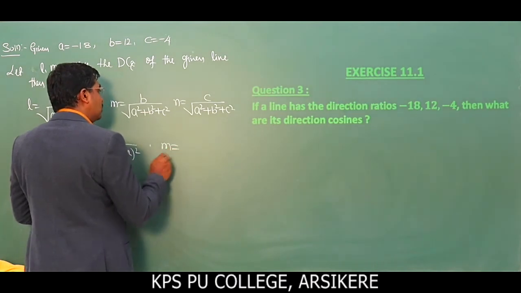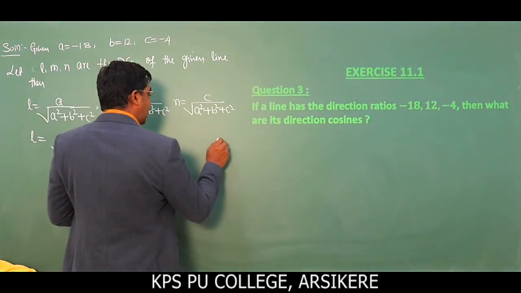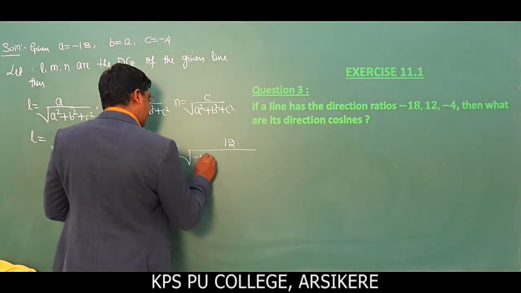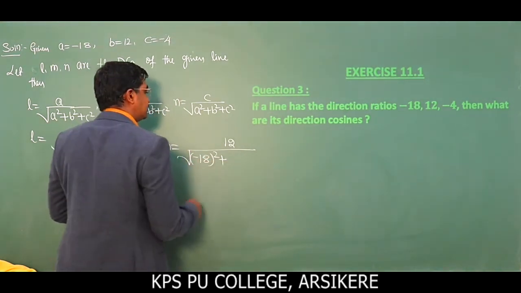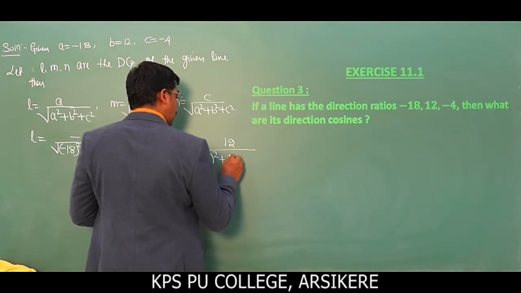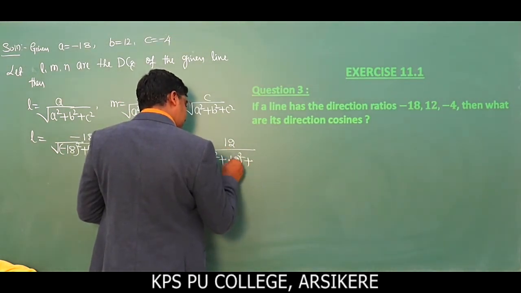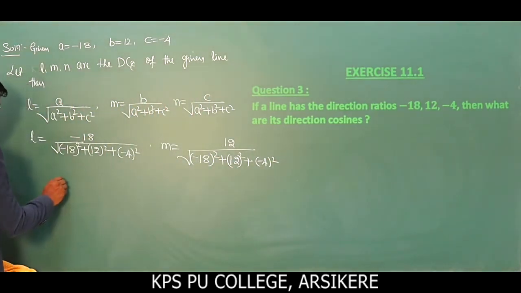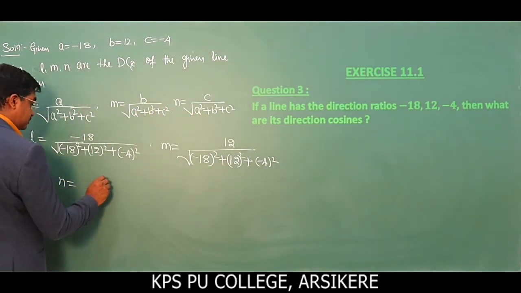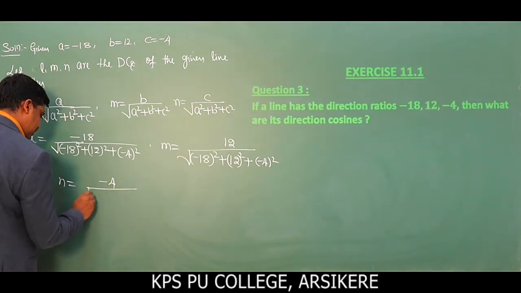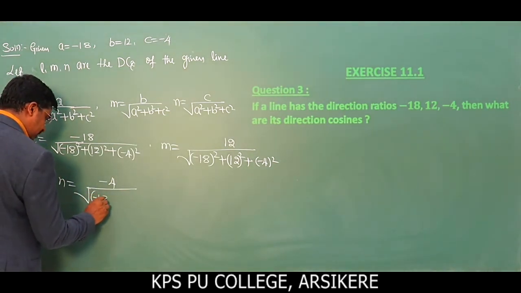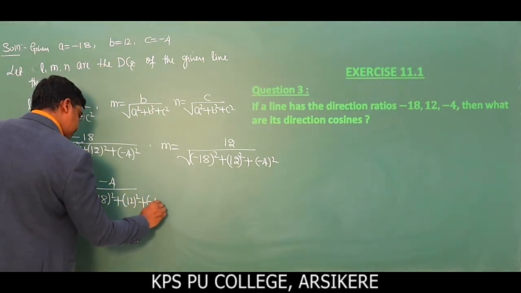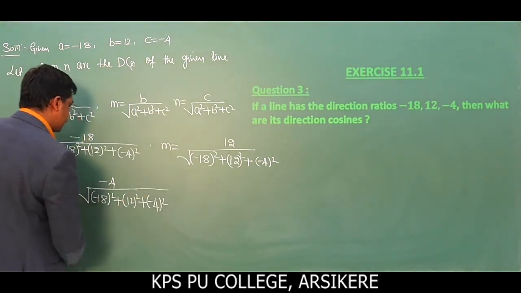M is equal to 12 divided by root of minus 18 whole square plus 12 square plus minus 4 whole square. And N is equal to minus 4 divided by root of minus 18 whole square plus 12 square plus minus 4 whole square.